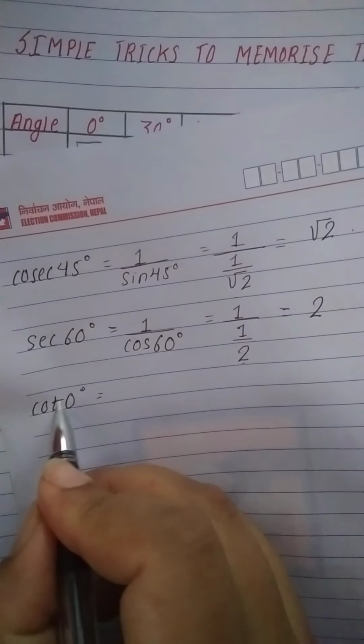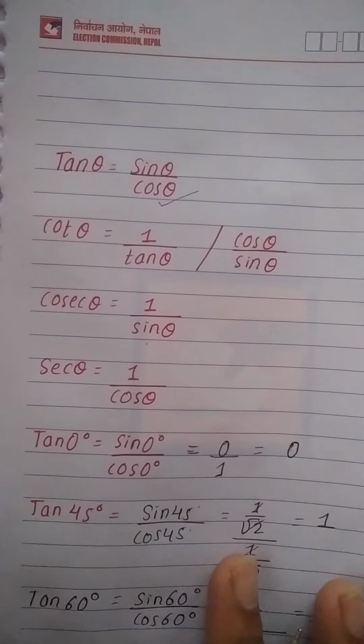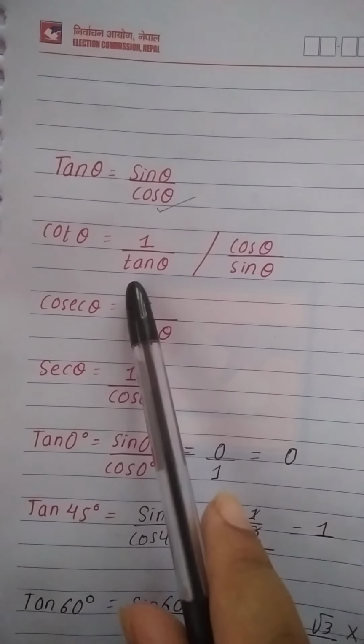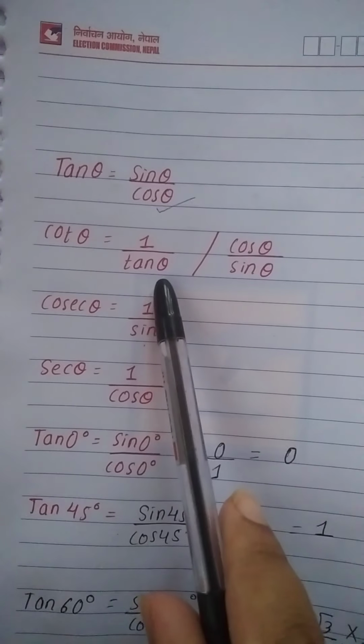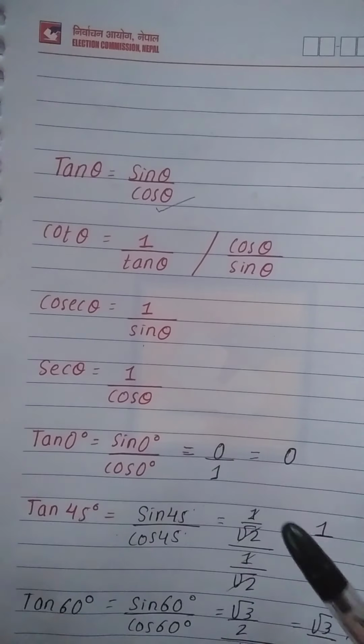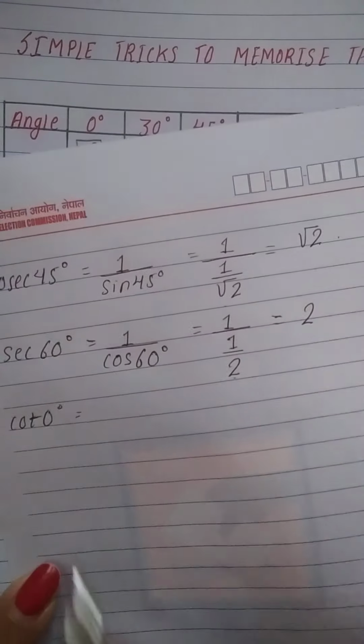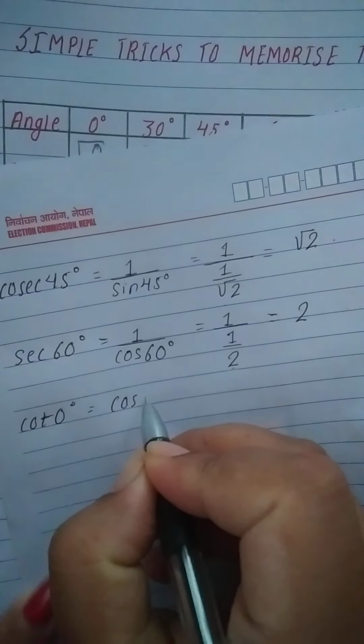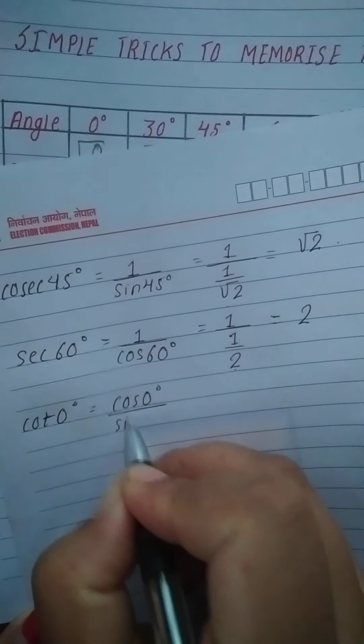Now let's go for the cot. I told you cot has two formulas. One is 1 by tan. If you know the tan value, then directly you can use this formula. But if you don't know, then you have to use the cos and sine, that is cos 0 degree by sine 0 degree.